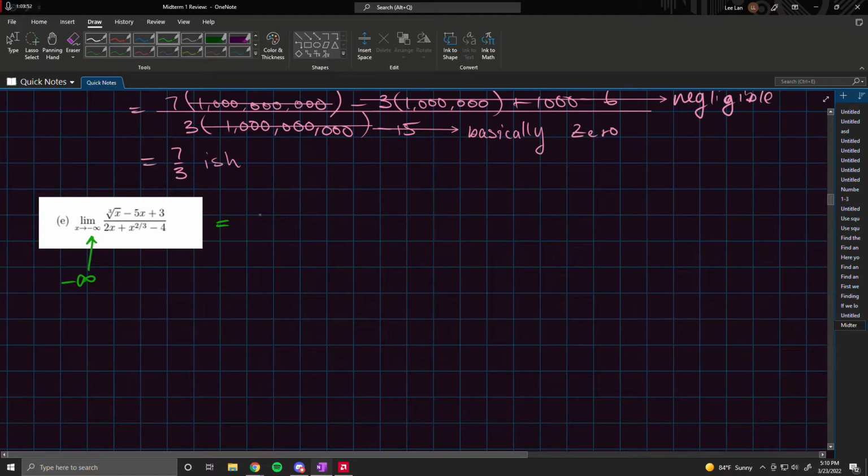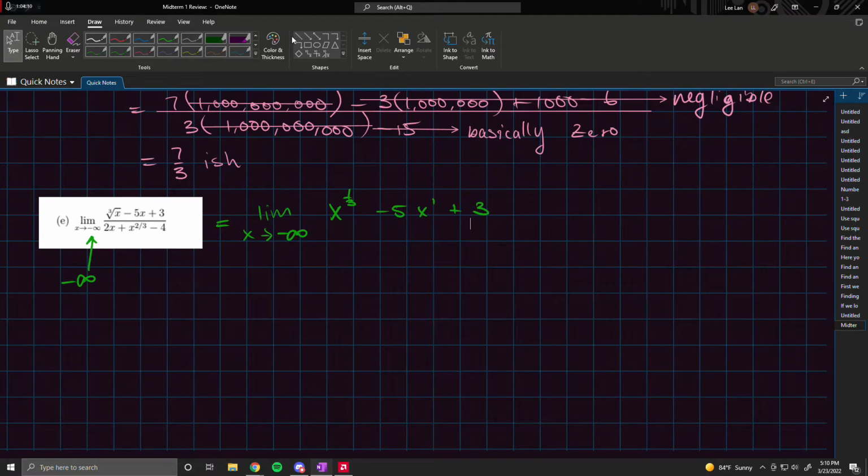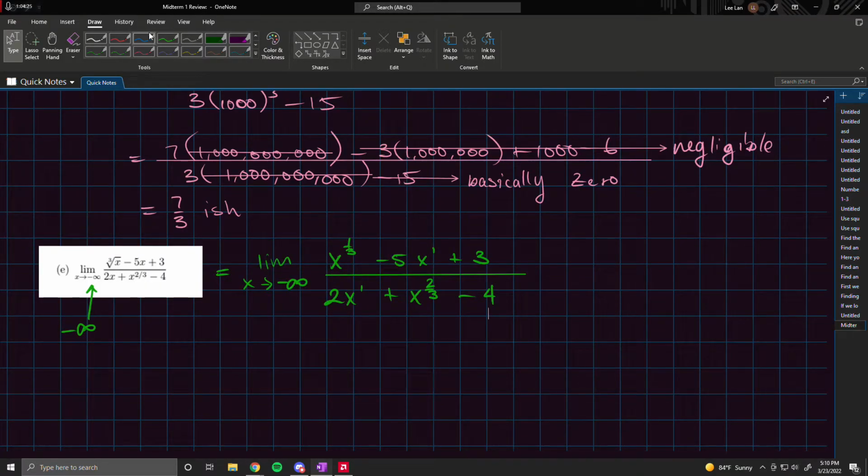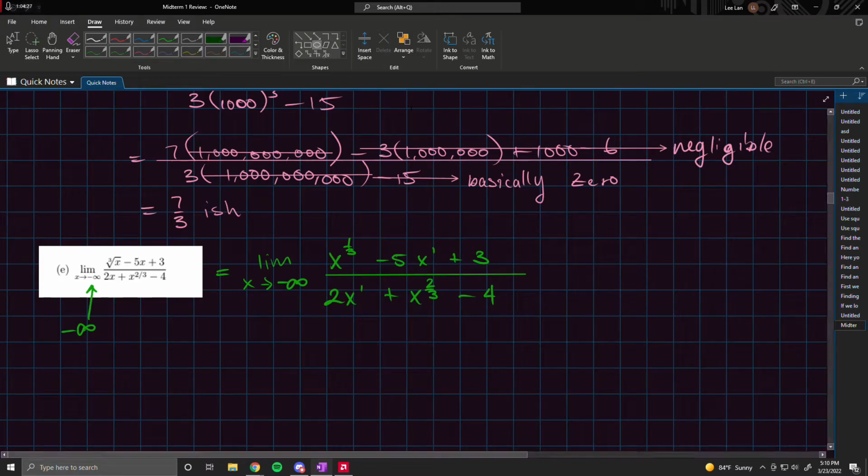Let me rewrite this so that it's a little more palatable. The cube root of x is the same thing as x to the 1/3, minus 5x, plus 3, all over 2x to the first power plus x to the 2/3 power minus 4. What is the largest power of x I have here?